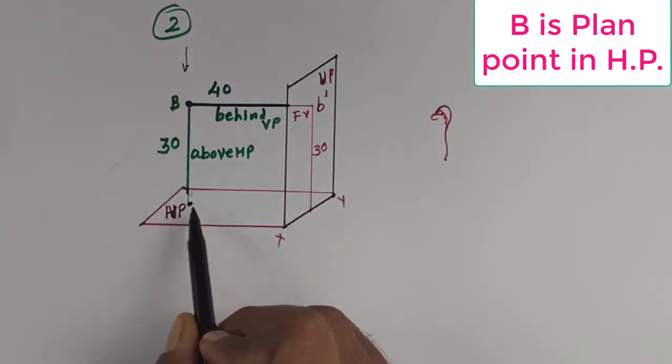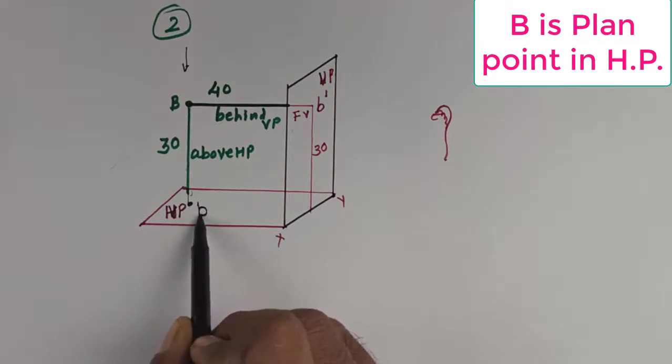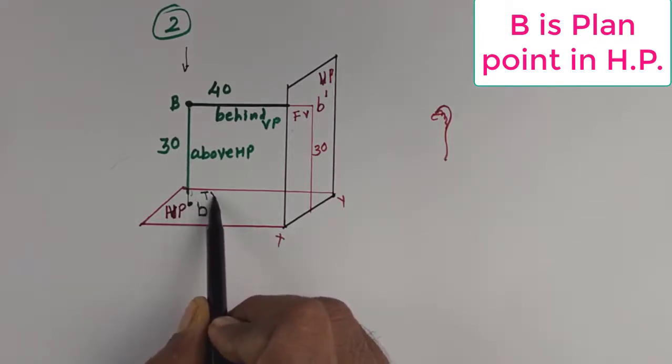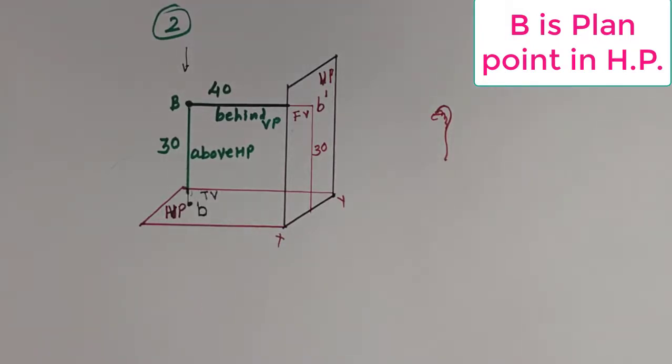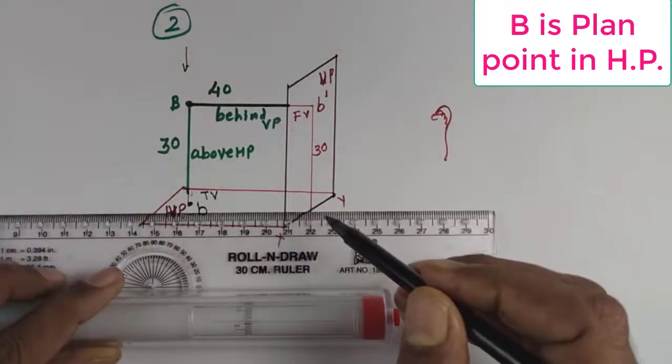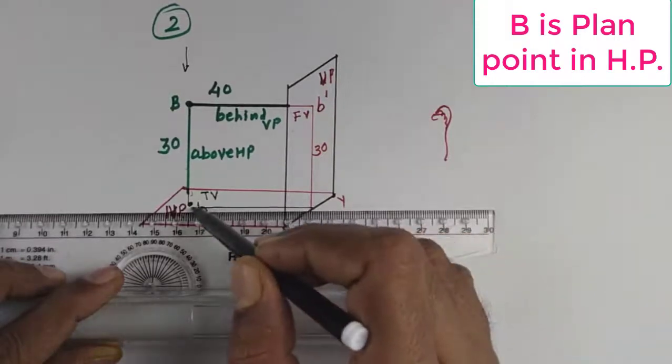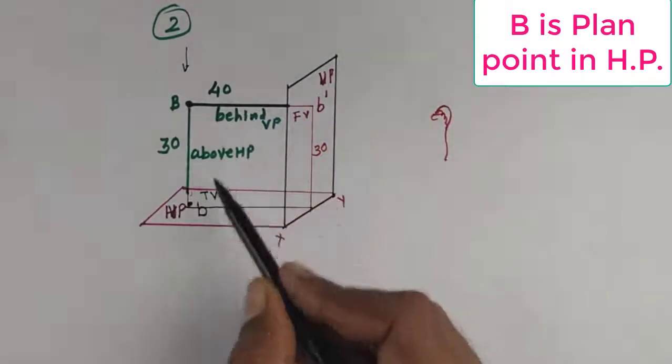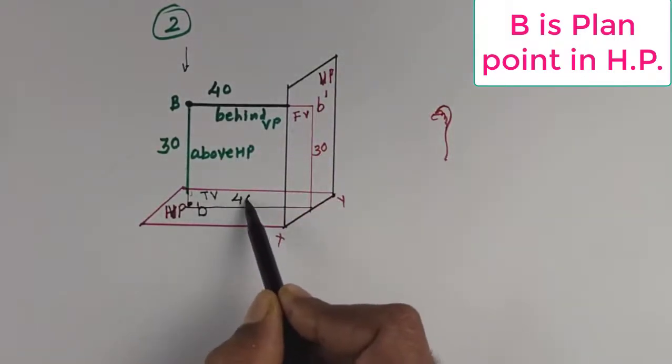And we got the plan point B as a top view, or plan. And its distance from the XY line is 40 mm.